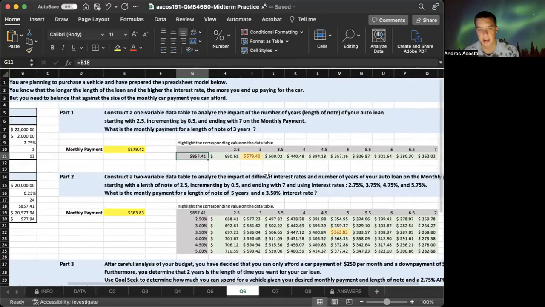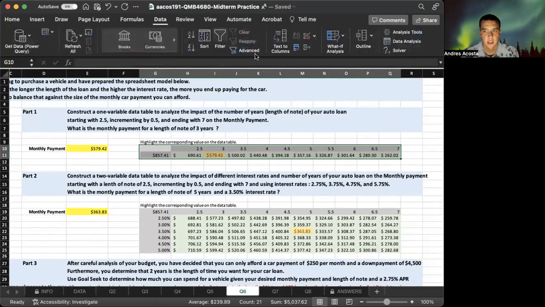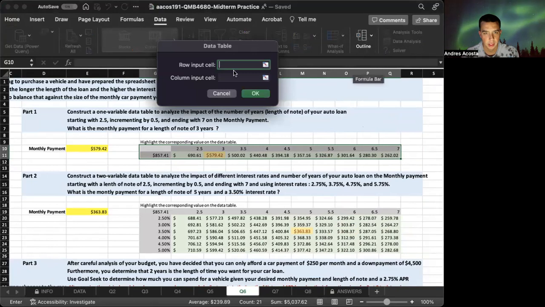And now we would highlight this whole table. Mind you, these numbers right here don't exist yet. So we would go to Data, What-If Analysis, Data Table. We don't have to use the column input since it's a one-way table, and it would be the row input.